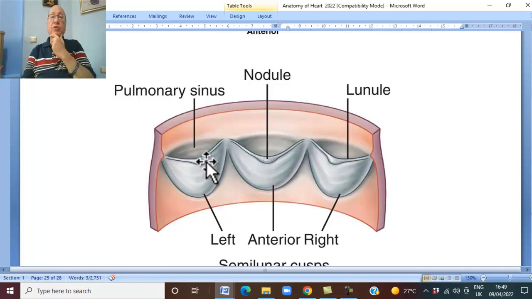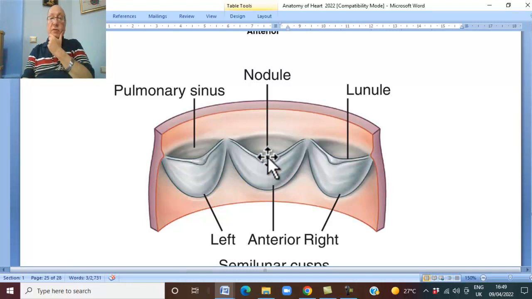The free margin of each cusp should be directed upwards into the lumen of the pulmonary trunk.